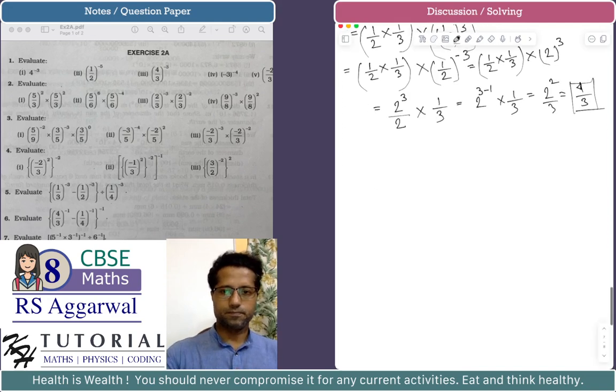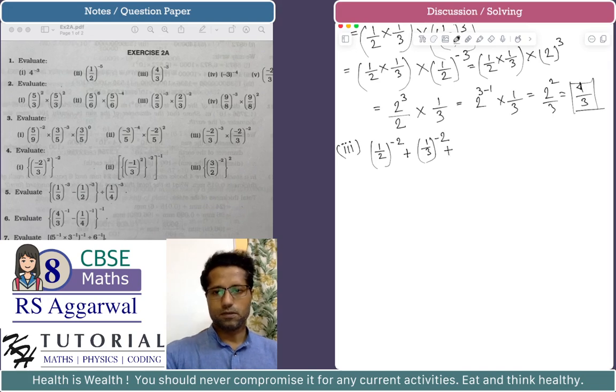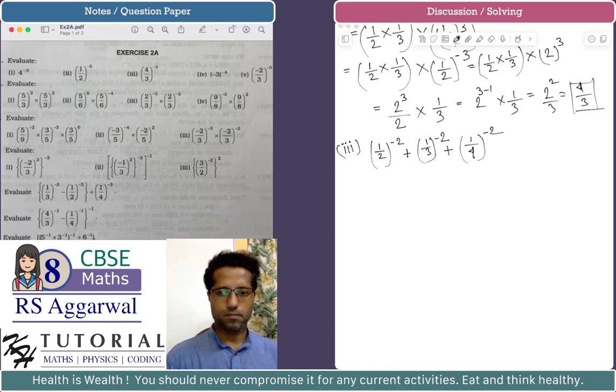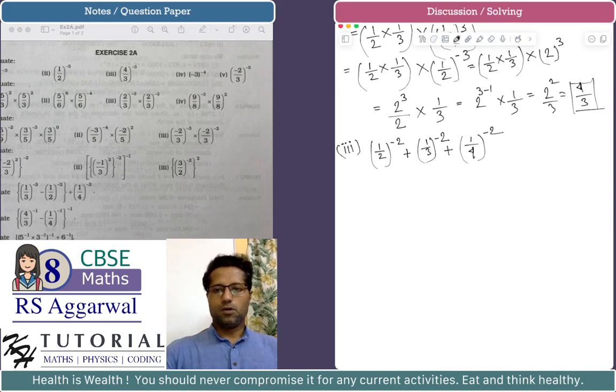Part 3. We have half raised to the power minus 2 plus 1 by 3 raised to the power minus 2 plus 1 by 4 raised to the power minus 2. Okay. So this is equal to half raised to the power minus 2.